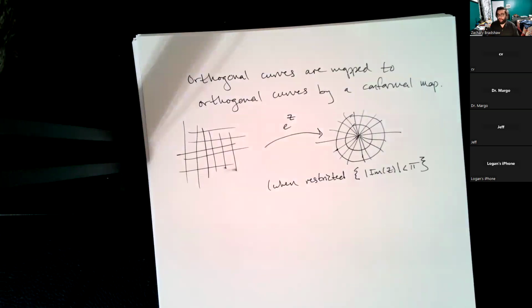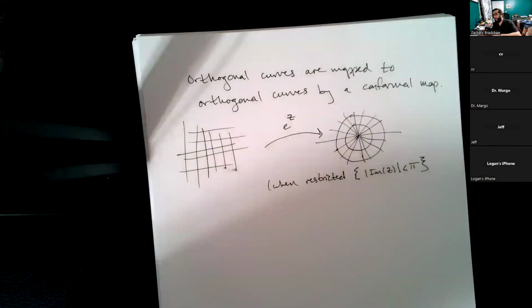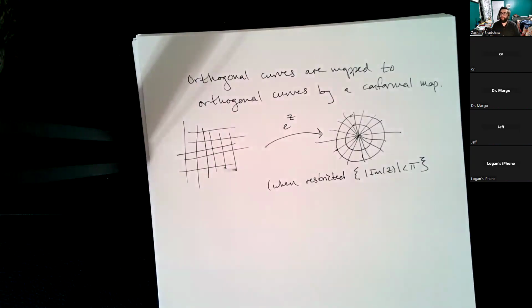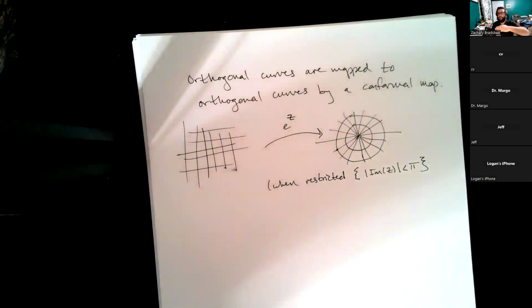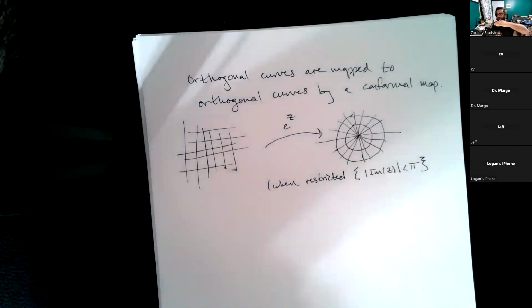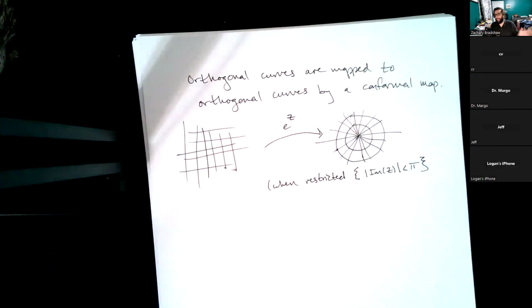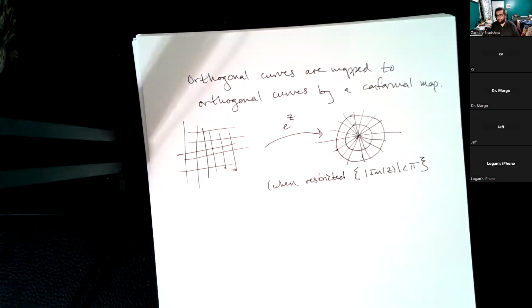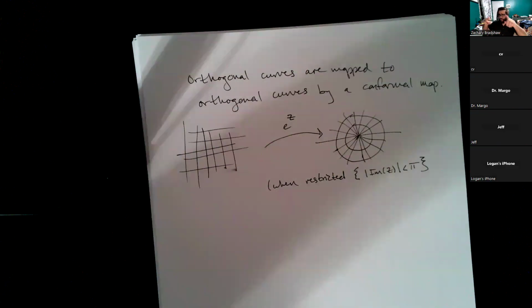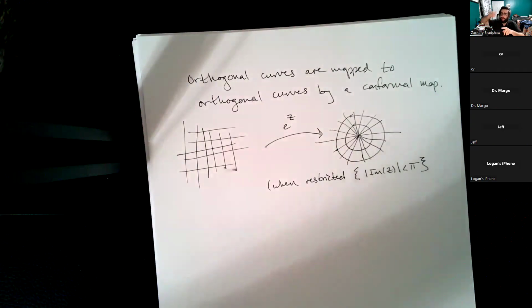Okay, so this exponential function has this nice property that it'll take us from our Cartesian grid to the polar coordinate representation. And we think about that as taking these orthogonal curves in the plane, which are rectangular, and mapping it to a bunch of circles and radial lines outward.